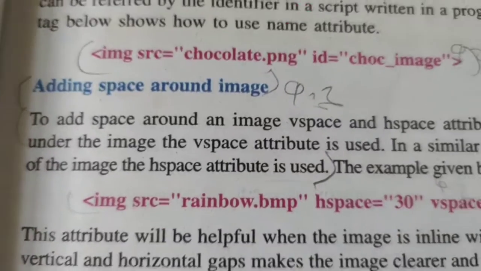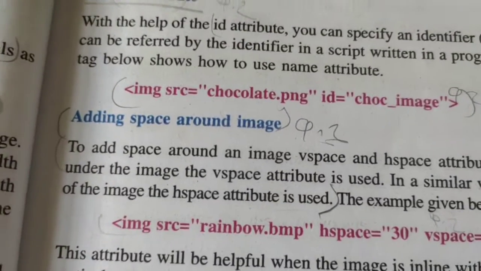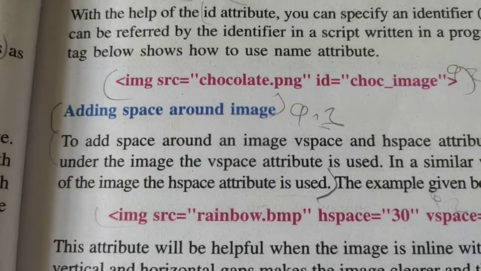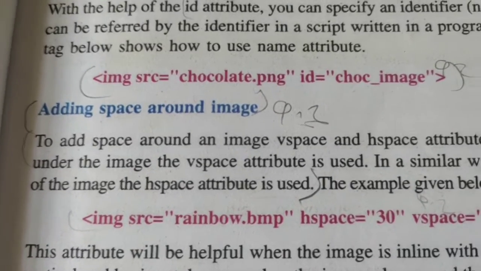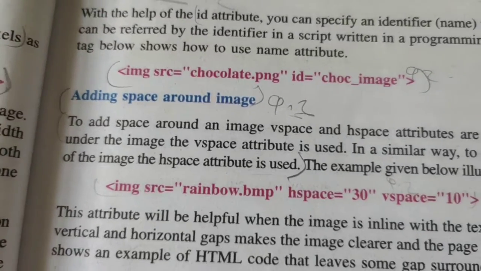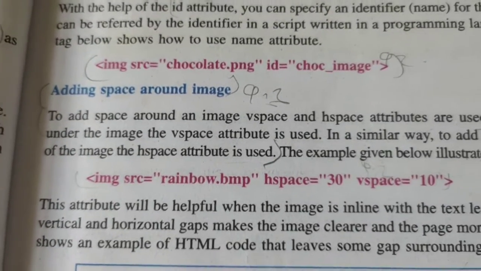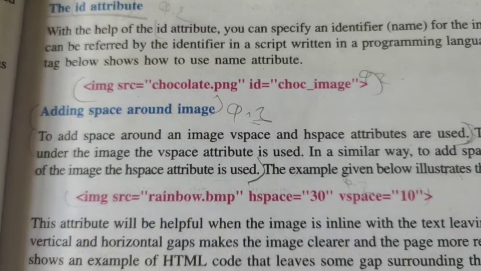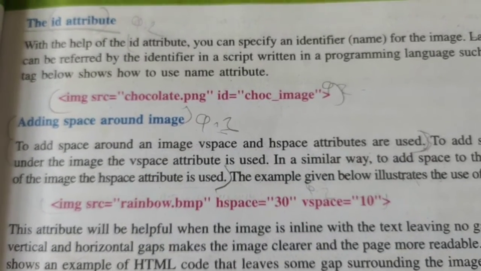You have given the border. Afterwards, you should know about adding space around images. Yes, how much space you require to be given at the left side and right side of your image. Image source, hspace, vspace: for hspace 30 and vspace 10.